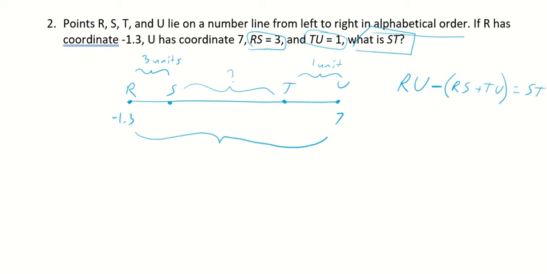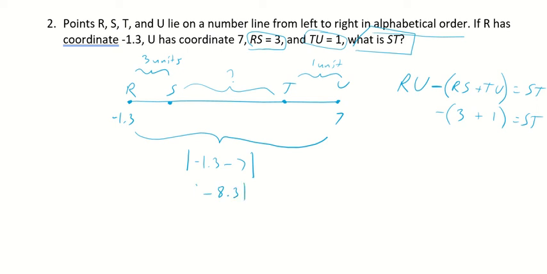Well, RS we know to be 3 units, and TU was given as 1 unit. To find RU, remember that's the absolute value of the difference of the coordinates. So negative 1.3 minus 7, which is negative 8.3.